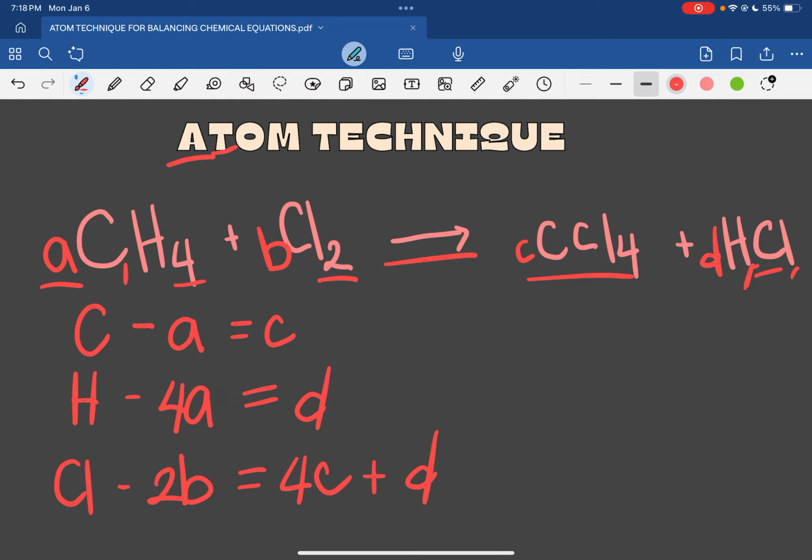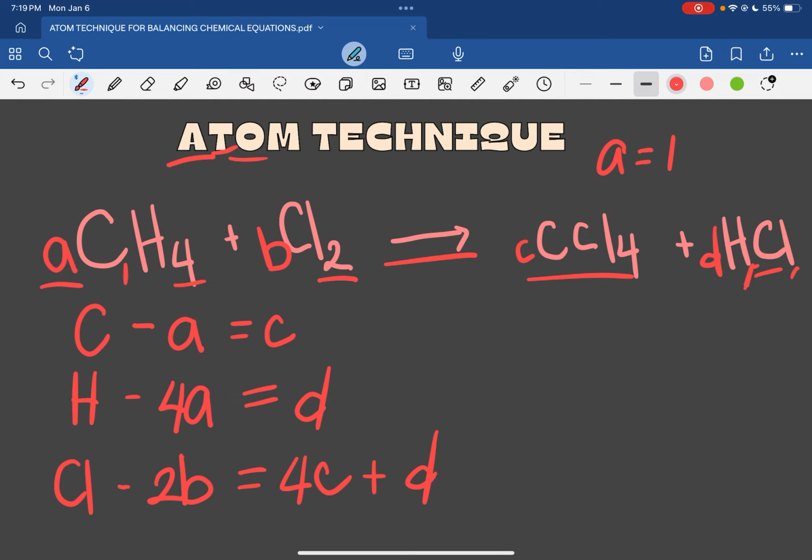Now that we are done with the second step, let's move on to the third step, which is to set 1 as the value of a variable. Actually, you can pick any variable in here, but for formality, let us always use A, since it is much easier to use A as the value of 1.